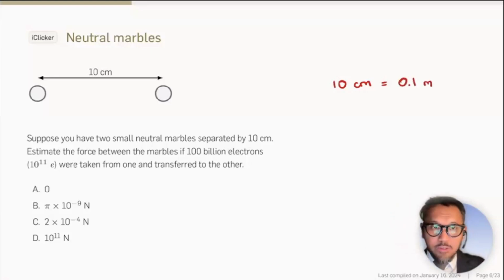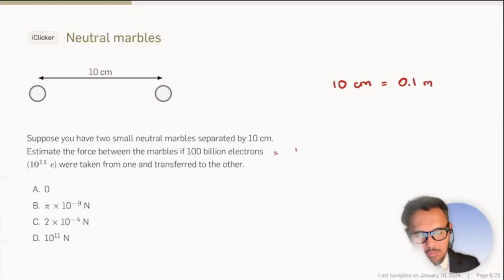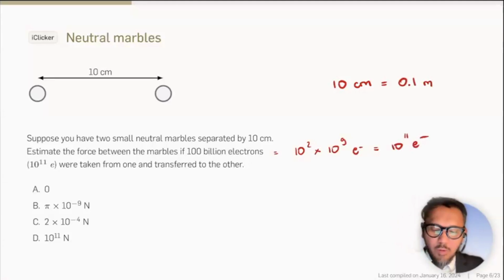Estimate the force between the marbles if 100 billion electrons, 100 billion with B, were taken from one and transferred to the other.